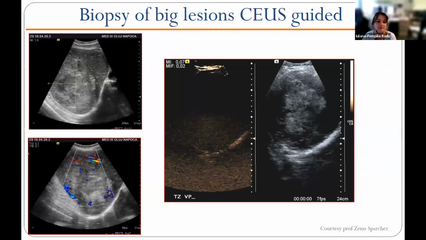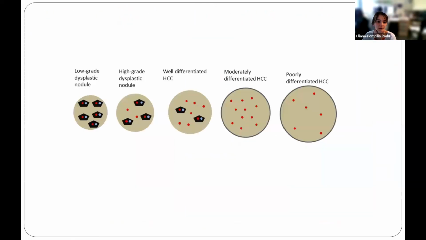So as I told you, maybe I go here to this image because this image for me is fantastic. As I told you, the difference is that the hepatocellular carcinoma maintains some portal vessels, while the cholangiocarcinoma loses them very, very late.